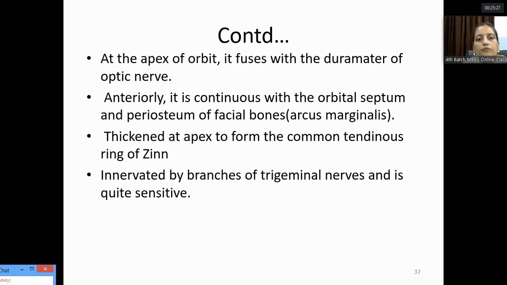At the apex of the orbit, it fuses with the dura of the optic nerve. Anteriorly, it is continuous with the orbital septum and periosteum of the facial bones. It is thickened at the apex to form the common tendinous ring of Zinn, and it is innervated by the trigeminal nerve, so it is very sensitive.